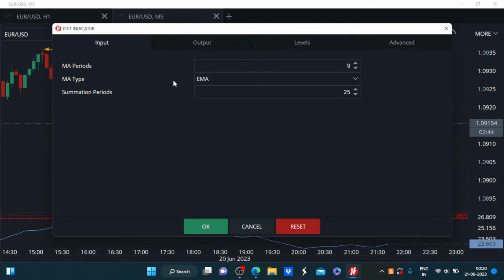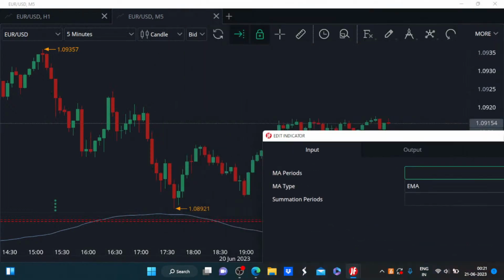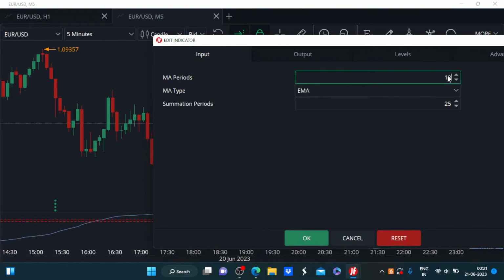You can even vary the moving average type for these indicators' customization. So whenever you vary these calculation rates, you will get different types of output, which is going to considerably vary depending on the kind of combination you are using.